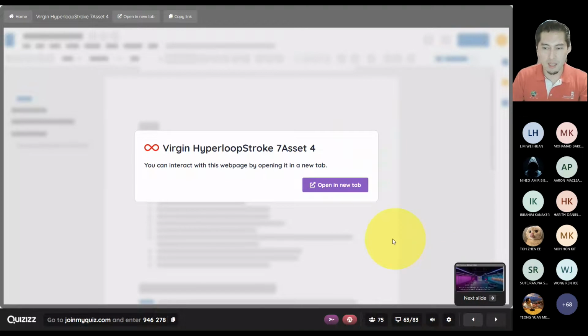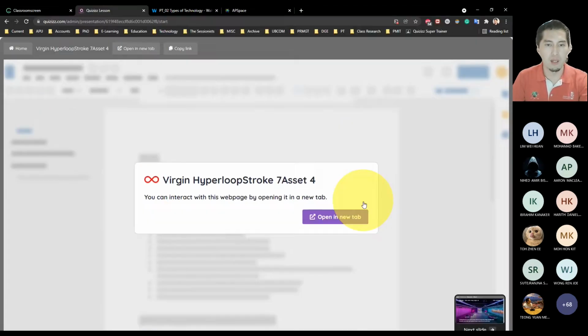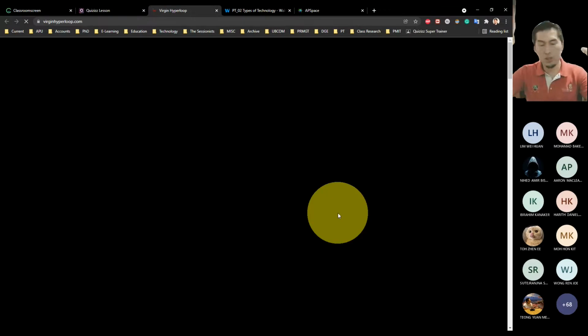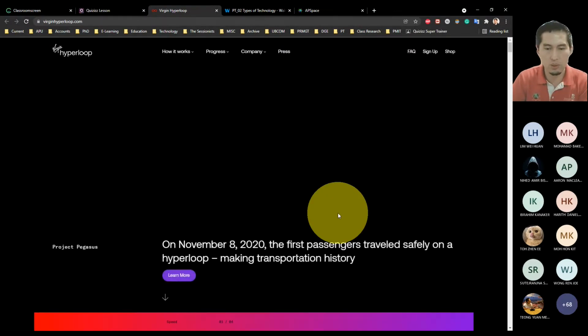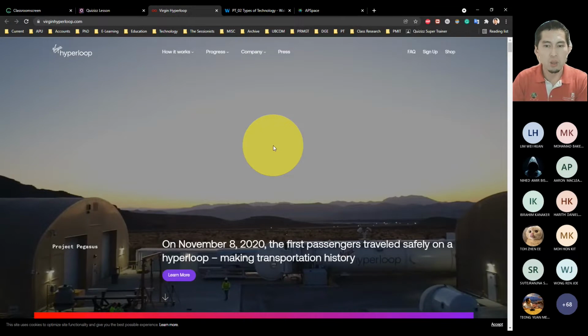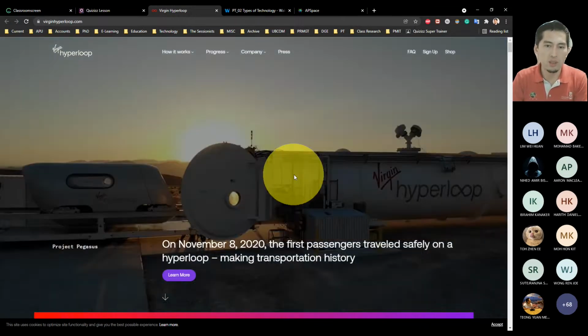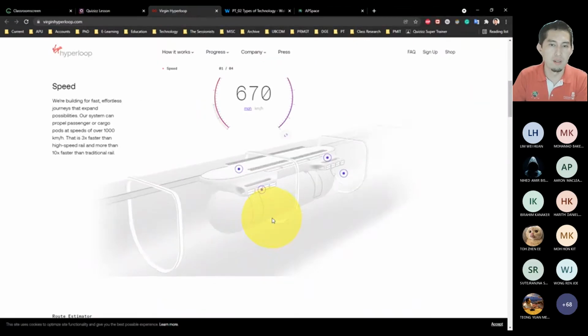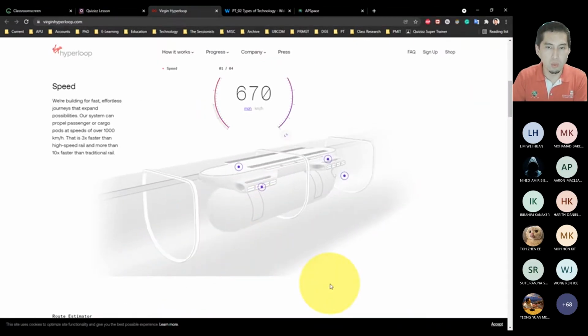Okay, so this is one sample of a Hyperloop. This was a project by Virgin, right? The whole big Virgin group, if you know Richard Branson and so on and so forth. So they are also creating their own solution of a Hyperloop. By looking at the site, I think you will get a very clear idea in terms of what they do.